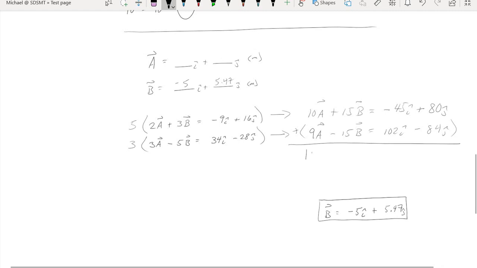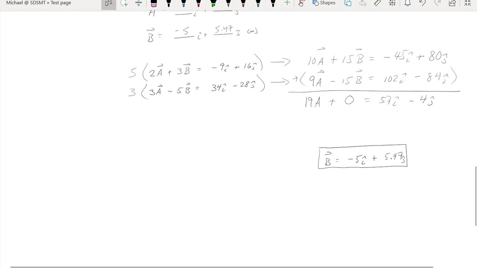10a and 9a is 19a, 15b and negative 15b is 0, negative 45 and 102 is positive 57, and then we have 80 and negative 84, which is negative 4.